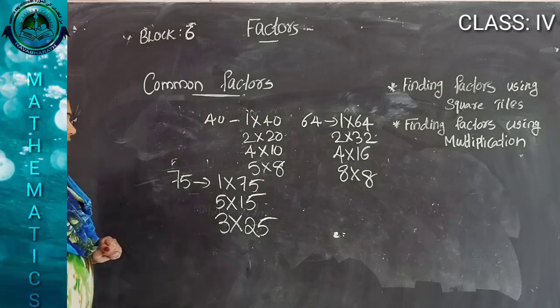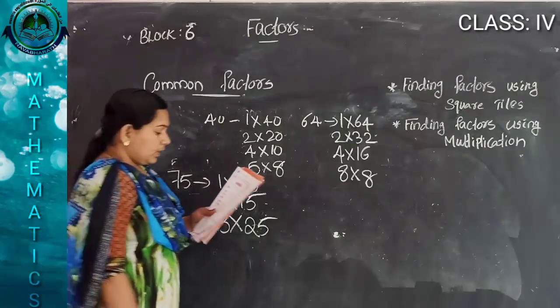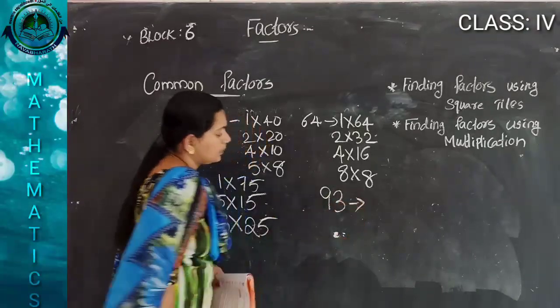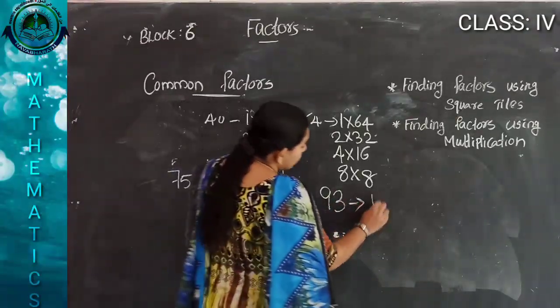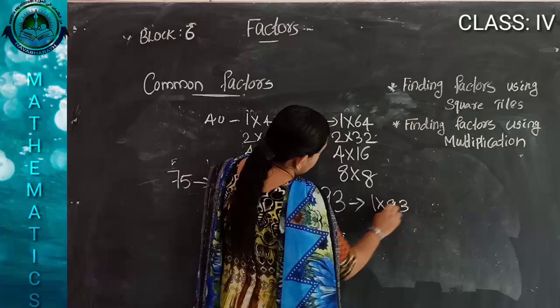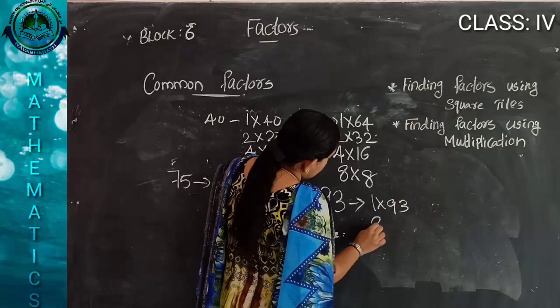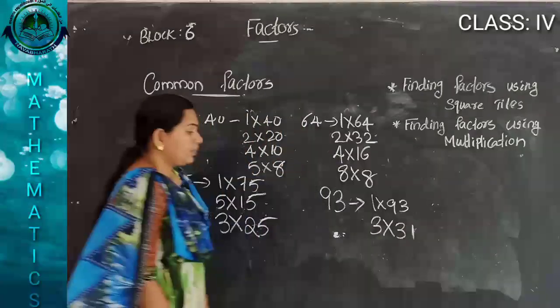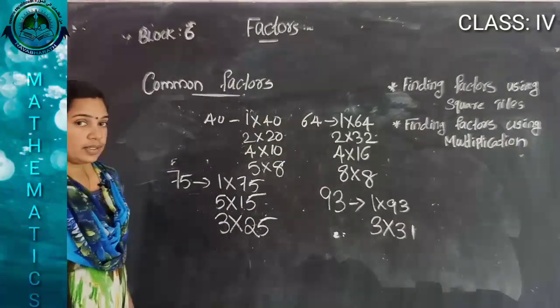Any other possibilities here? Then 93. Yes, 1 into 93, then 3 into 31. Any other possibilities? No.